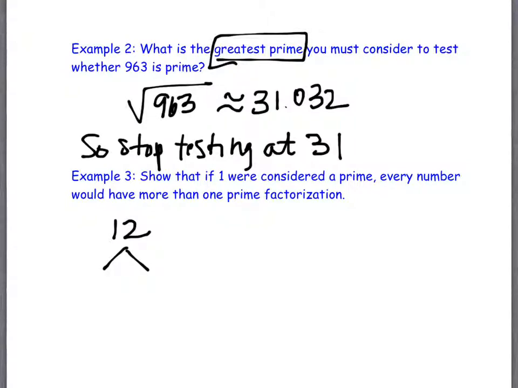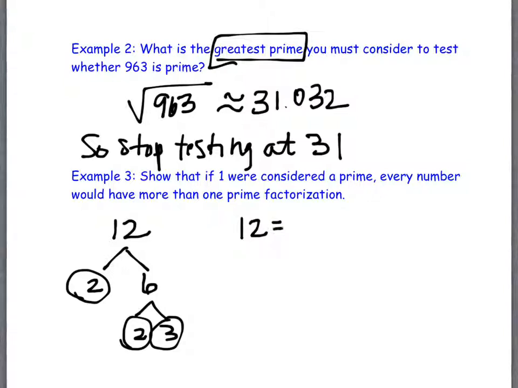You have a couple options, so somebody give me one. 2 and 6, all right. And then the 2 is prime, so we stop there, but the 6 is not. So 6 is 2 and 3. So if we can use only prime numbers the way we've defined them, then 12 is 2 times 2 times 3, or we could write that as 2 squared times 3, right?